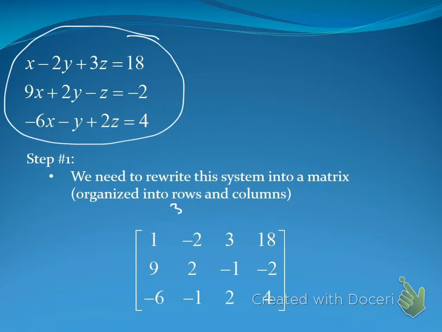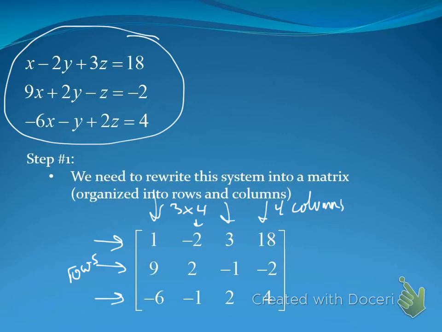This is a 3 by 4 matrix because it has 1, 2, 3 rows. We always name it, give it dimensions, by the rows first. And then obviously 1, 2, 3, 4 columns. And so we call it a 3 by 4 matrix.